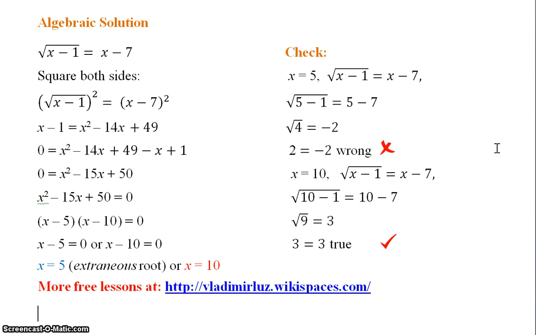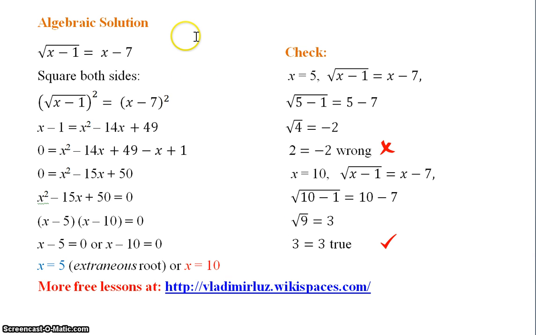So, conclusion. Do not forget, when you square both sides of the equation, you can acquire so-called extraneous or fake roots. One of the easiest ways to recognize the extraneous root is to make a check.